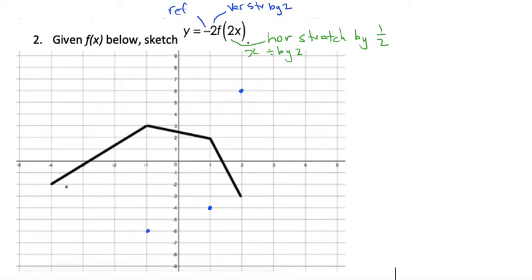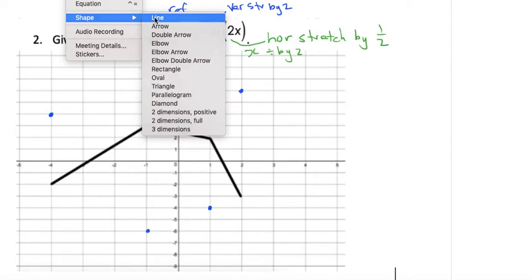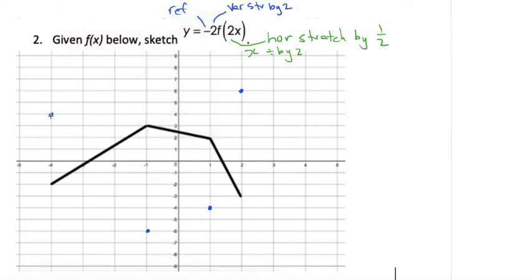And then this is at -2, -4 to 4. Of course, you could take other points. I just didn't. Okay, so let's connect this.